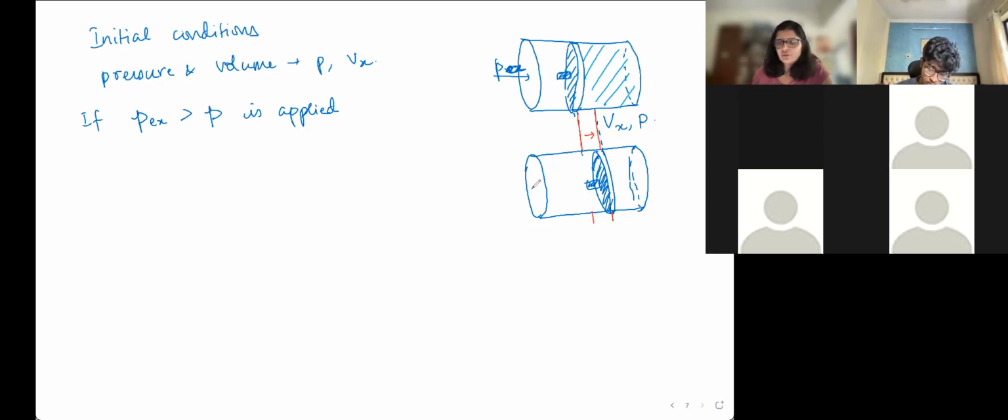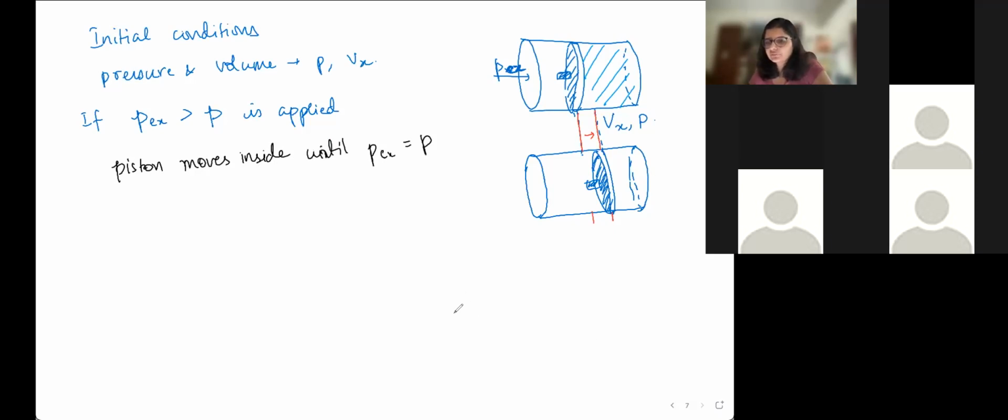This will constantly move until when? Until Pex is equal to P. Correct. So the piston moves inside until the external pressure becomes equal to the internal pressure.